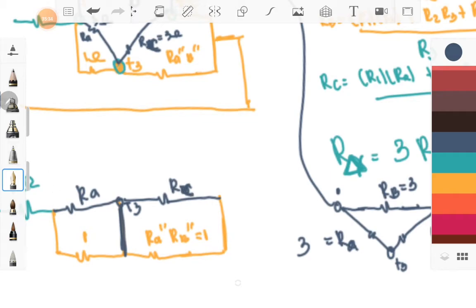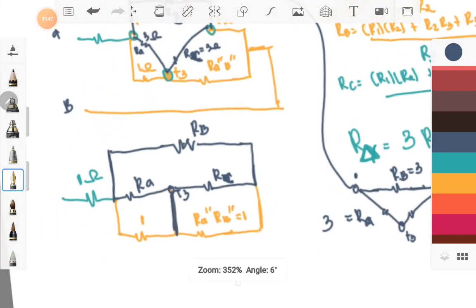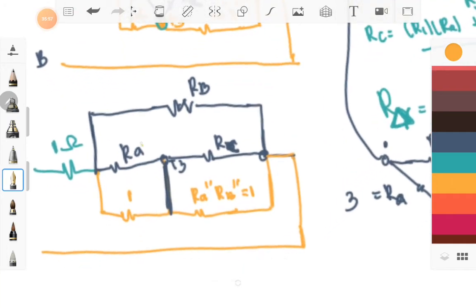So RC and our RB are on top. Check the definition of your series and parallel connections. You can see that your RA is in parallel with your 1 ohm, while your RC is in parallel with your RA prime B prime. Why?